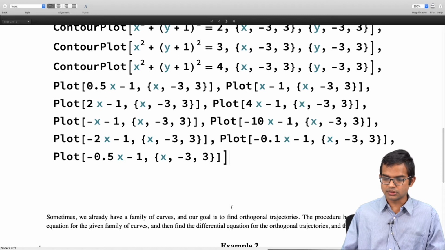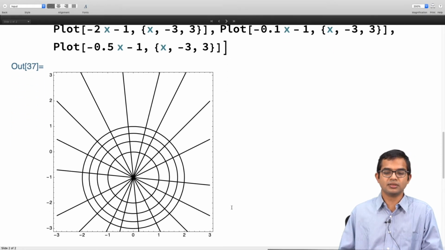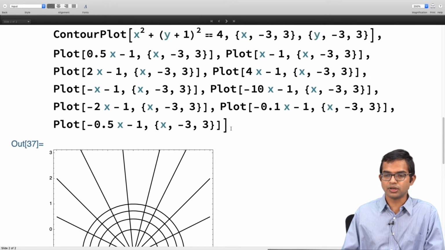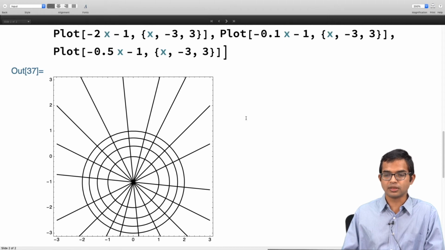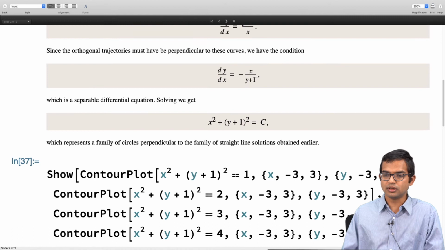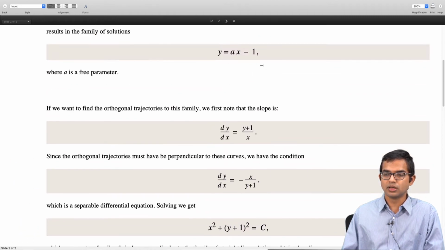Okay, so this is taking a while. There you go. So it looks something like this. So the family of circles are like here, and the center of all these circles is of course this point 0 comma minus 1, and all these straight lines also pass through this point 0 comma minus 1.